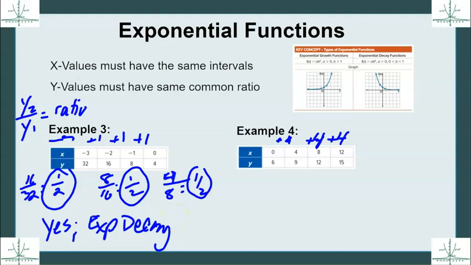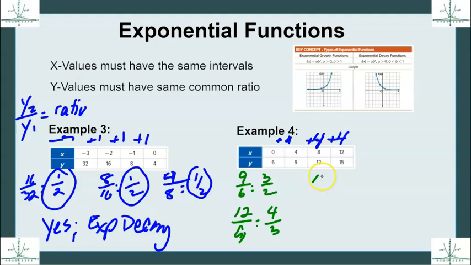Now example 4, we can see that our x's are increasing by 4 every time, and for our y values, we want to see if there's a common ratio. So I take 9 divided by the previous y value of 6, that gives us 3/2. If I take 12 divided by the previous one, which is 9, reduce that by 3, that would give us 4/3.